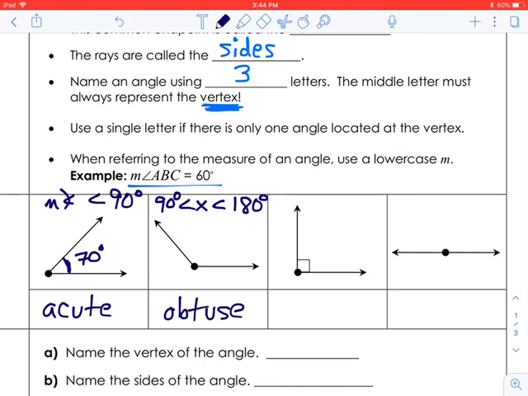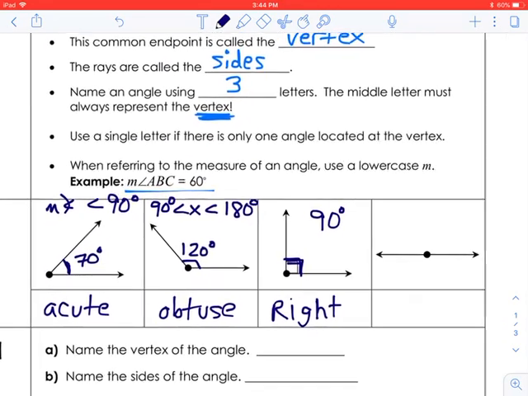Something like this would be probably about 120 degrees, I would guess. And then if it's a right angle like this, if it has a box, you know right away that it is a right angle, and that is exactly 90 degrees.